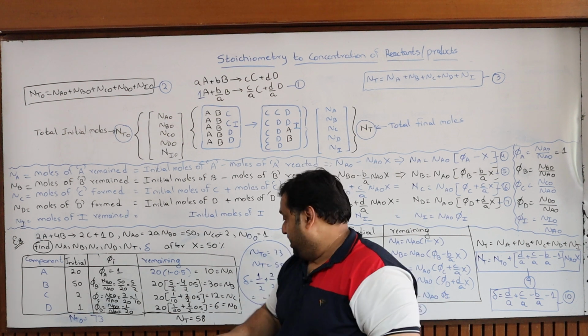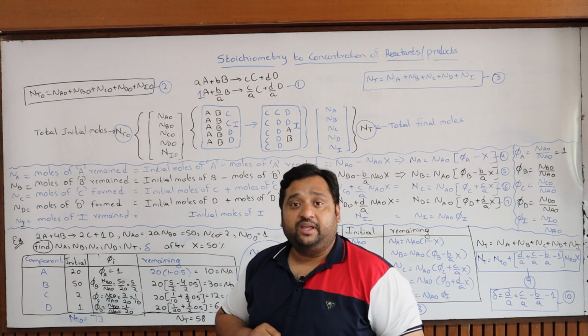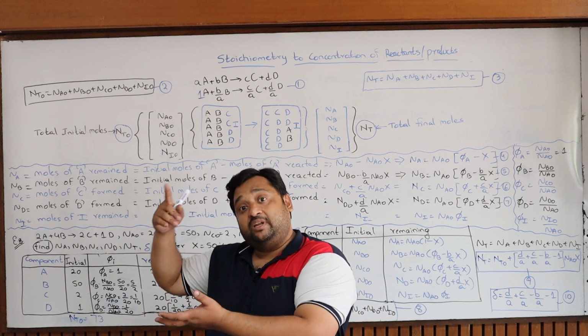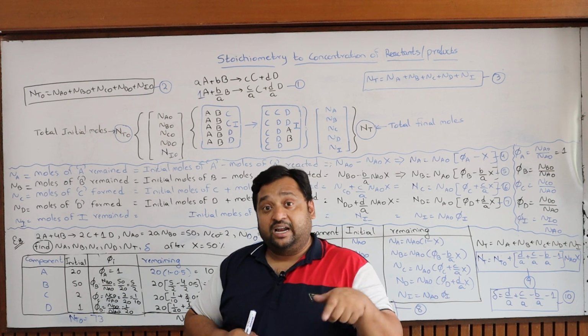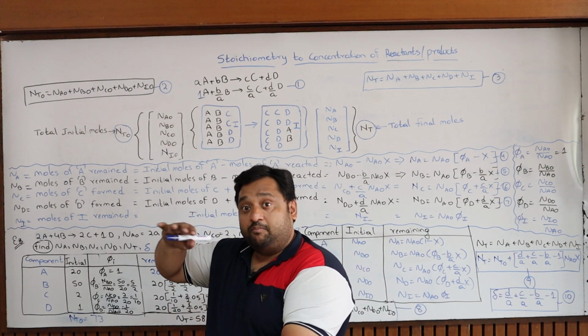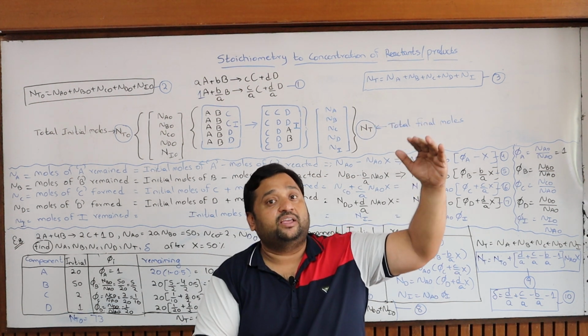When delta is 0, the initial moles before the reaction and the final moles after the reaction will be the same. When delta is positive, the initial moles before the reaction are lower and the final moles after the reaction will be higher.